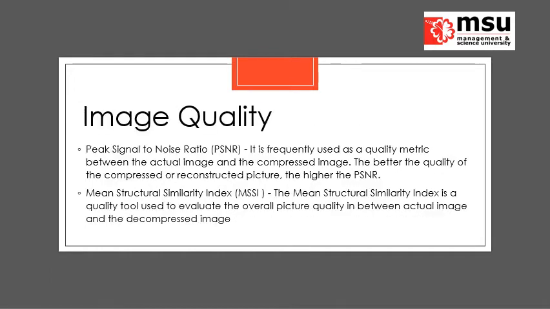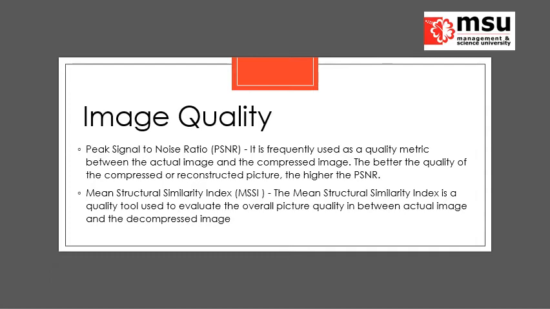Image quality. Image quality is evaluated based on two metrics, which are peak signal to noise ratio and mean structural similarity index. Peak signal to noise ratio. It is frequently used as a quality metric between the actual image and the compressed image.